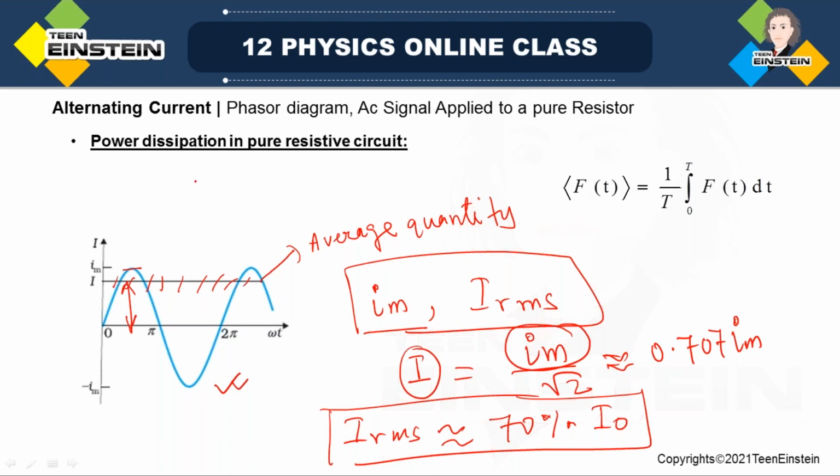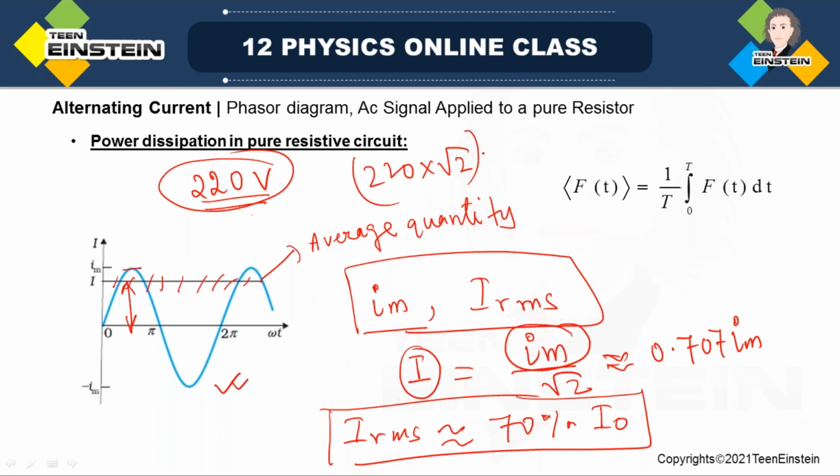So whenever we say 220 volt, this is the RMS value, but not the actual amplitude.